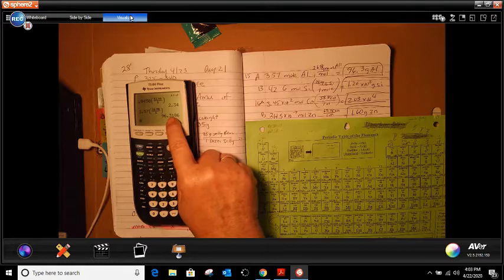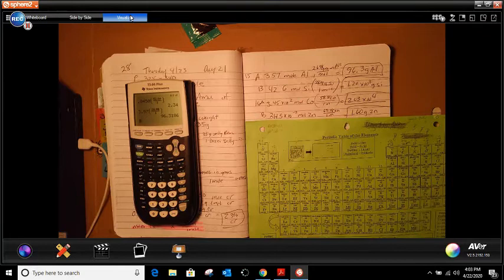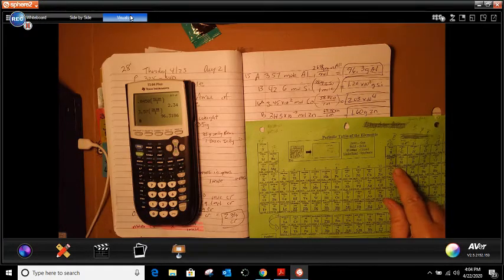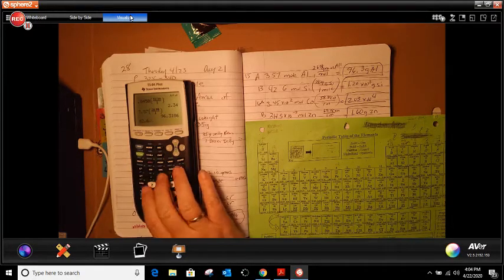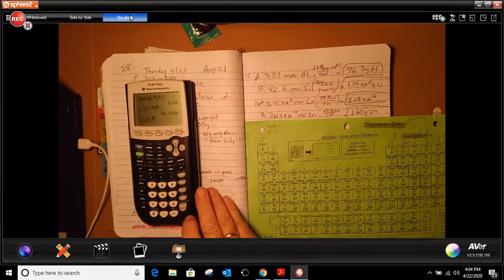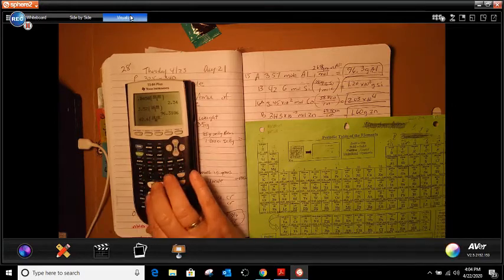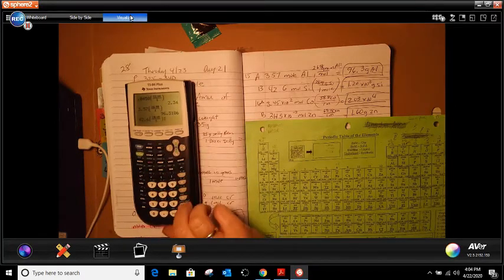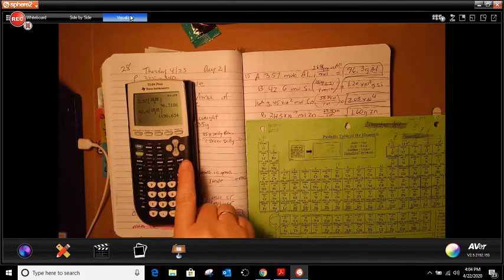The next one said I had 42.6 moles of Si. Si on the periodic table is right here, 28.09. Do you see it? So I do 42.6, open bracket, alpha Y, enter, again. 28.09 over 1, close bracket, and I get 1196.634.